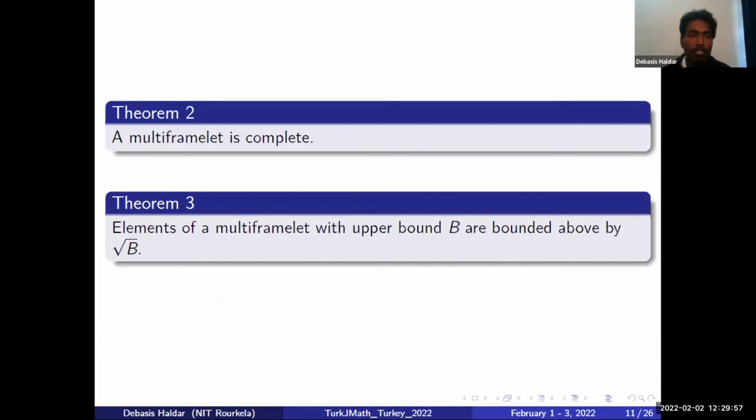So now we are going to present some of the properties of this multiframelet. So every multiframelet is complete in L2(Qp), which means the closure of the span of this multiframelet is the L2(Qp). Each element of this multiframelet with upper bound B is bounded above by the square root of B.